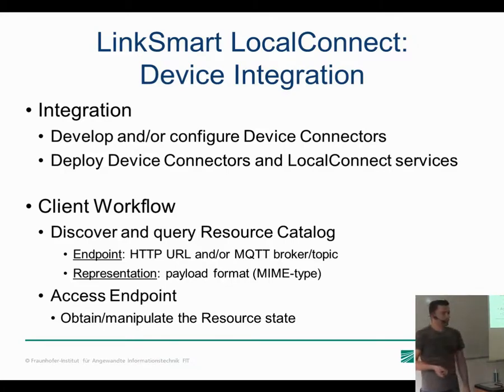And it also provides information about the representation, which means the payload format in which the devices and resources are sending the data or accepting the state which you want to modify, which means that LinkSmart is basically payload agnostic. You can use whatever format you like, but of course there has to be an agreement between the device connector and the applications.